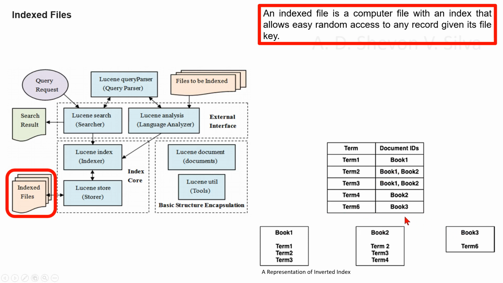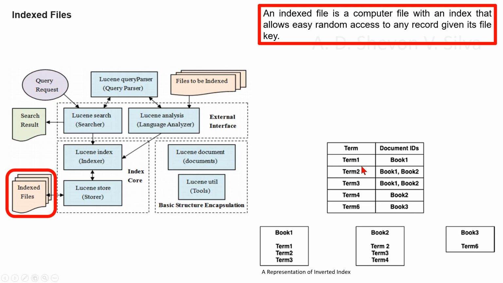As shown in this figure, this data structure proves useful for answering questions like "find me the documents containing term 1" in an optimized manner. As you can see, a single term search is a constant time operation.